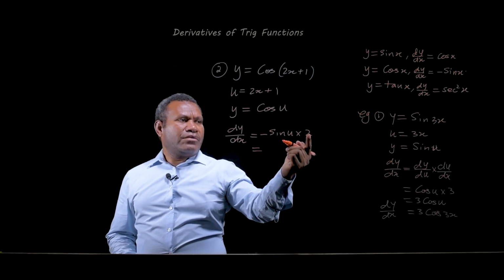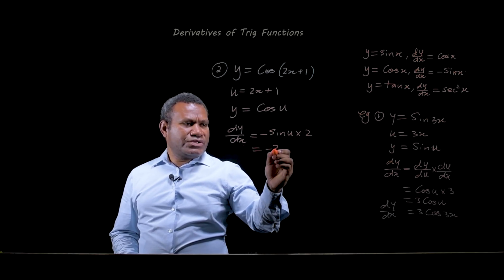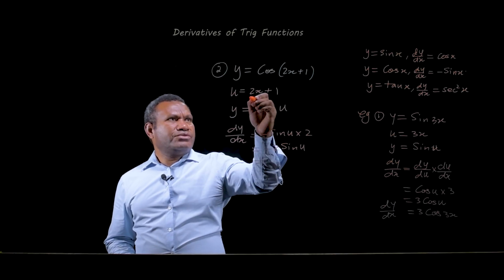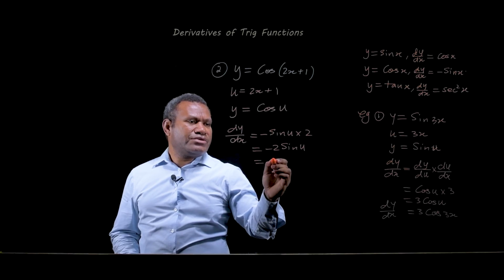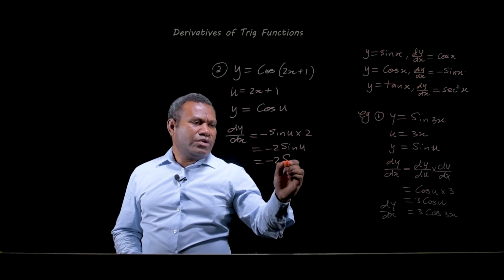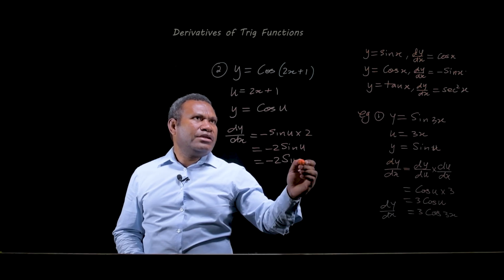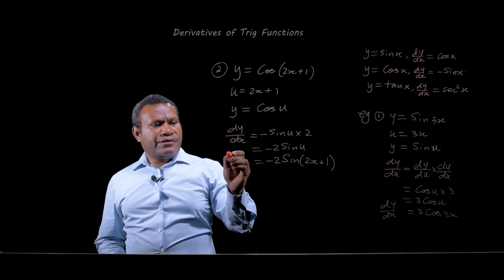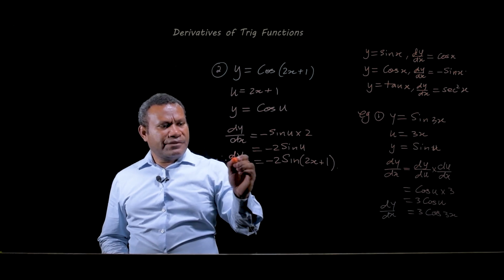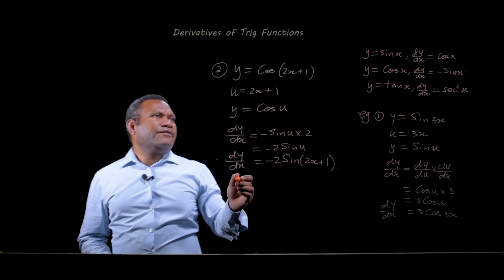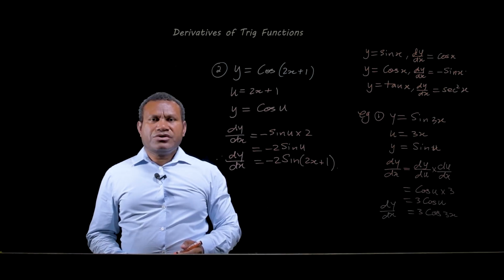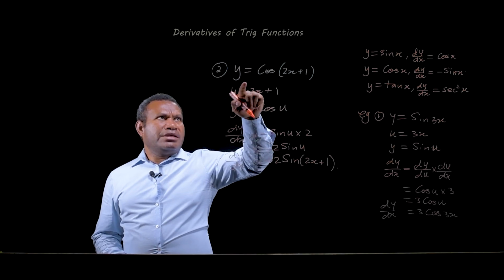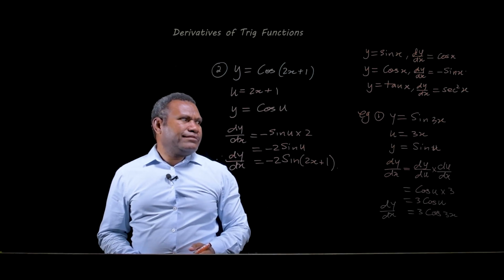So 2 multiplied by negative 1 is minus 2 sine u, but u is actually 2x plus 1, so we substitute again. Our final answer is minus 2 sine(2x plus 1). Therefore, that is the derived function for this cosine function. So that is the second example.